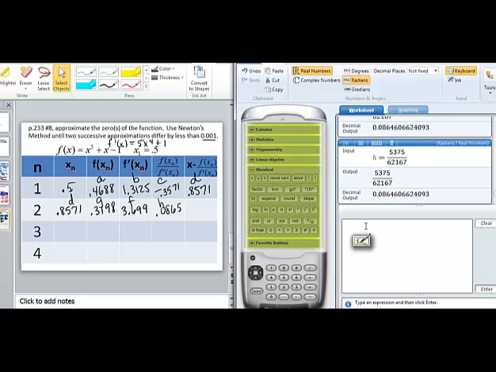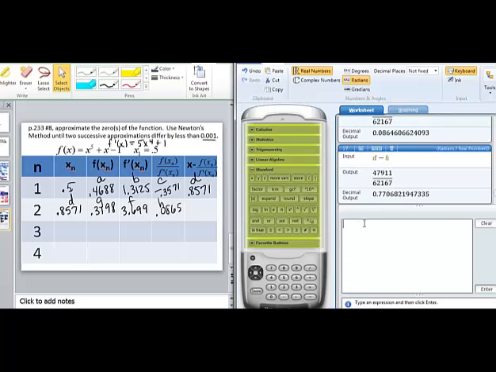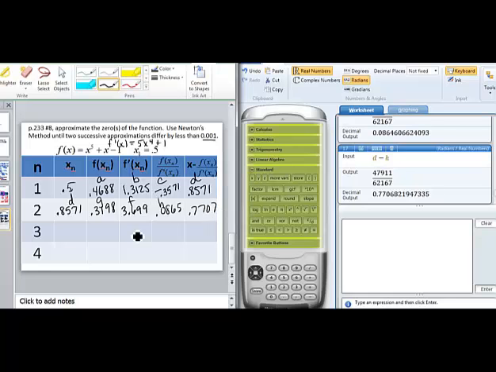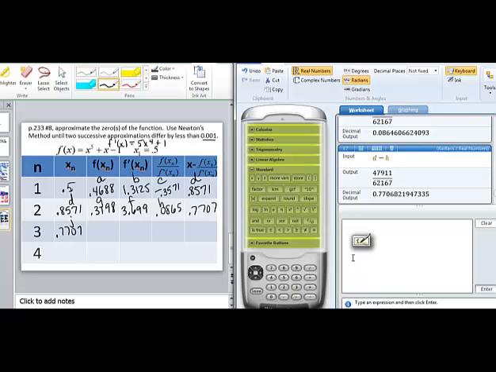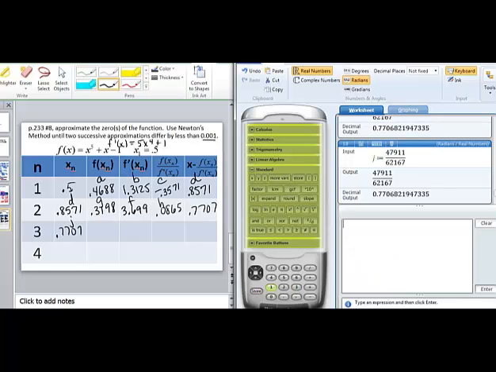So I'll come over here, d minus h gives me 0.7707. There's my new x value, 0.7707. I'll store that as j. Store it as j. And I continue on in this pattern.